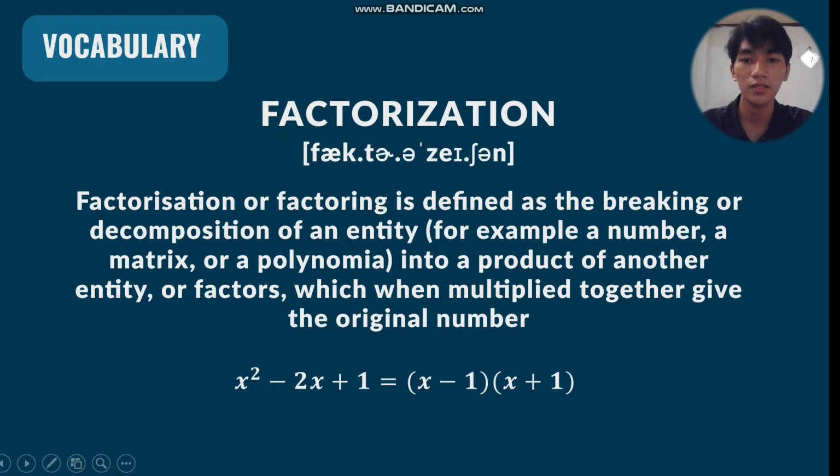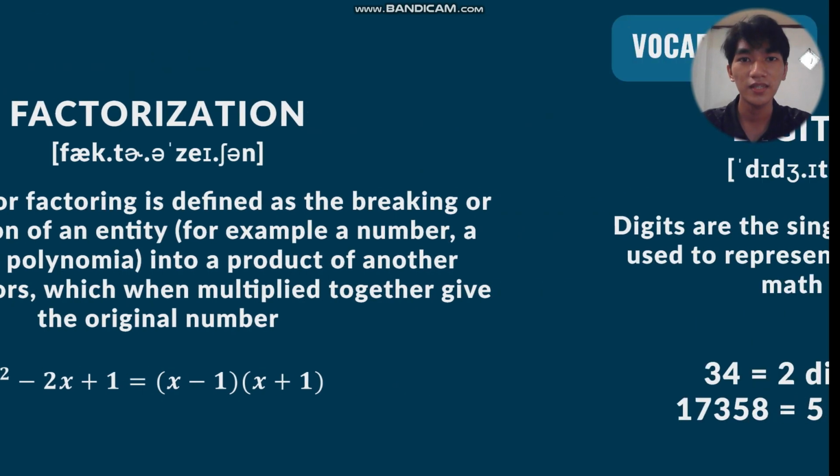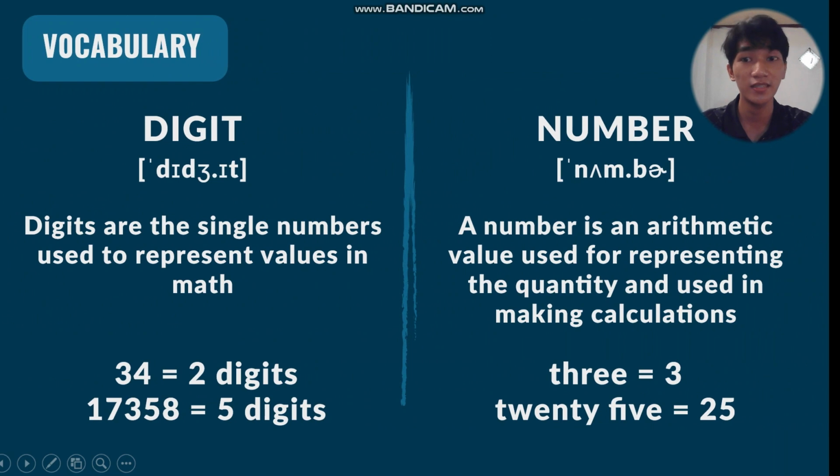For example, the factorization of x squared minus 2x plus 1 is open bracket x minus 1 close bracket times open bracket x plus 1 close bracket.